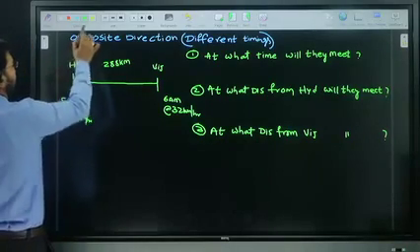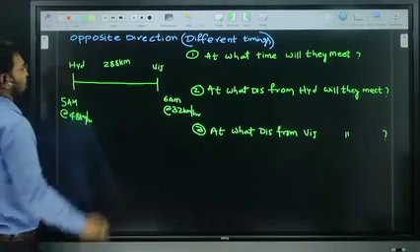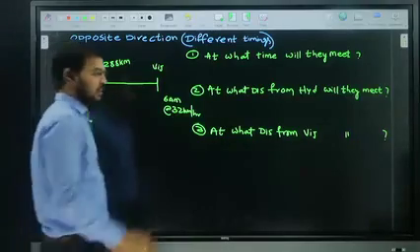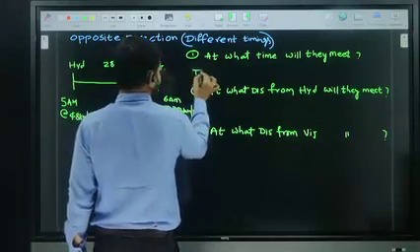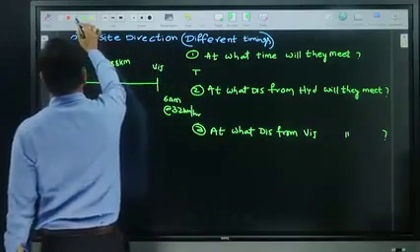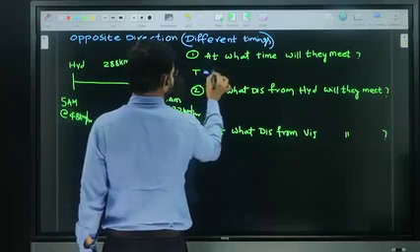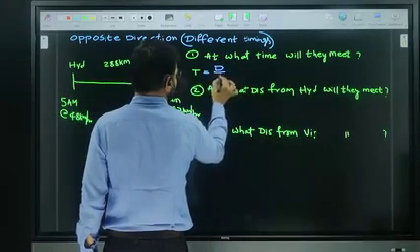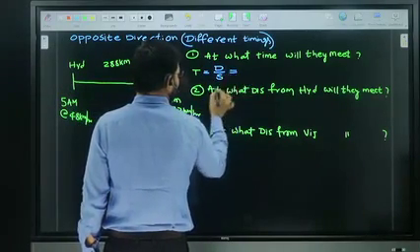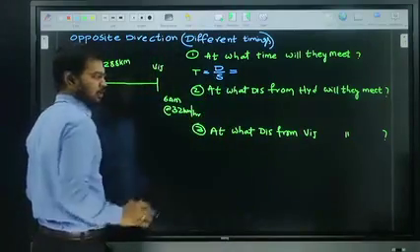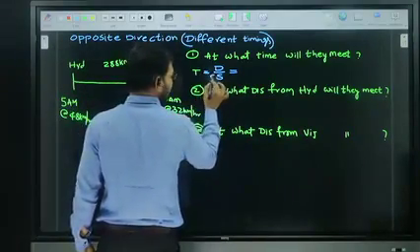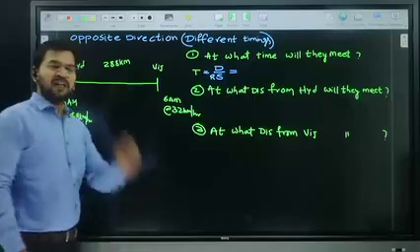The first possible question is: at what time will they meet? They are asking time. Generally, time is distance by speed. Here both the objects are in motion, so in place of speed, what do we take? Relative speed. But what did I tell about the relative speed definition?